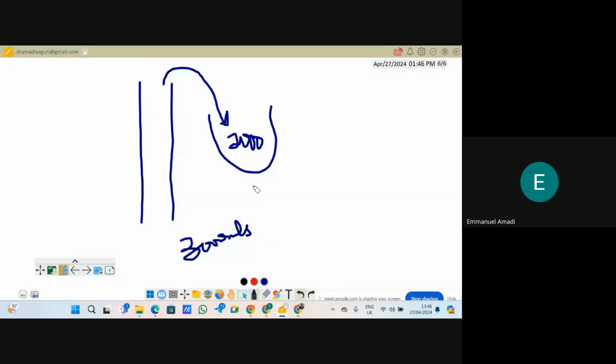Now, the vein can undergo two different processes. The first one is that the vein can dilate. Look at this vein now. This dotted line in black is this vein dilating. If the vein dilates, of course, the vein can now hold more blood because its size has increased. So automatically what it will give to the heart will reduce.